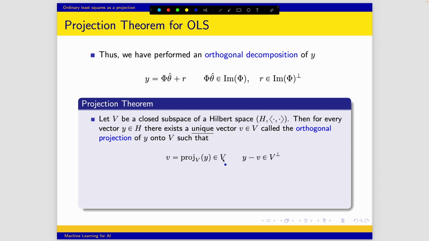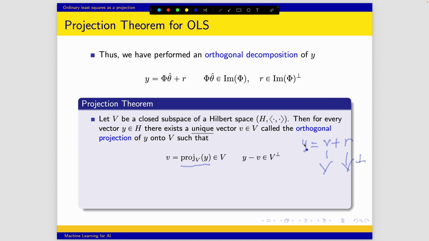One part which lies in V, which we call the orthogonal projection of our vector y onto the subspace V, and the remainder, y minus this, which lies necessarily in the orthogonal complement of our space V. So we've got y equals v plus, let me call this r, where v lies in V and this lies in the orthogonal complement of V.